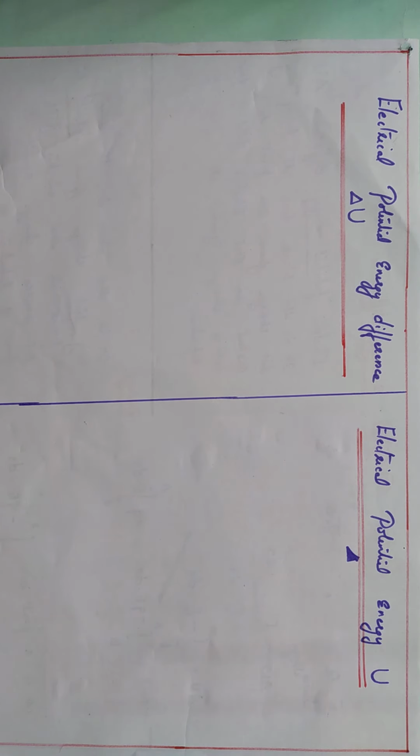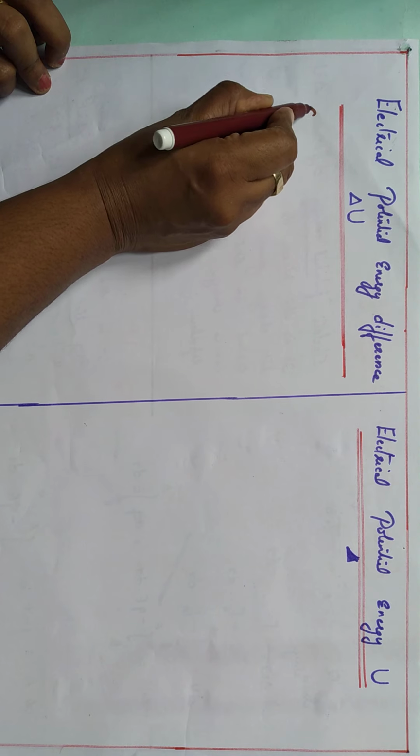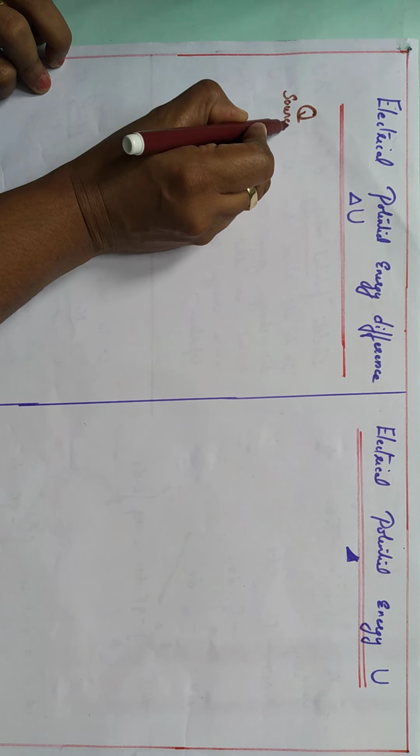Today we could pass on to the next topic, electric potential energy difference and electric potential energy. So we can consider a charge Q here. What is that charge called? That is called a source charge.